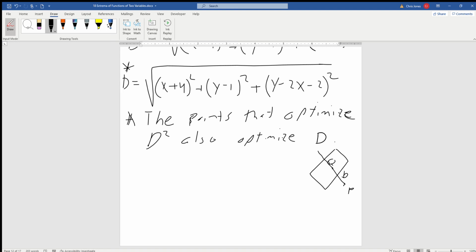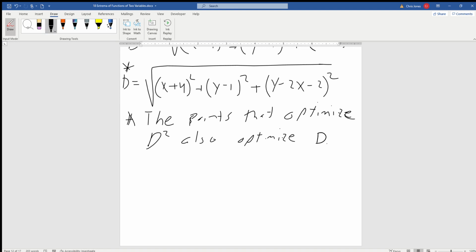And no matter what, the shortest distance squared is going to be shorter than any other distance squared. So try to justify that for yourself, just to make sure that you do understand that it is legal to do this, but more importantly, it's going to make our lives a lot easier.